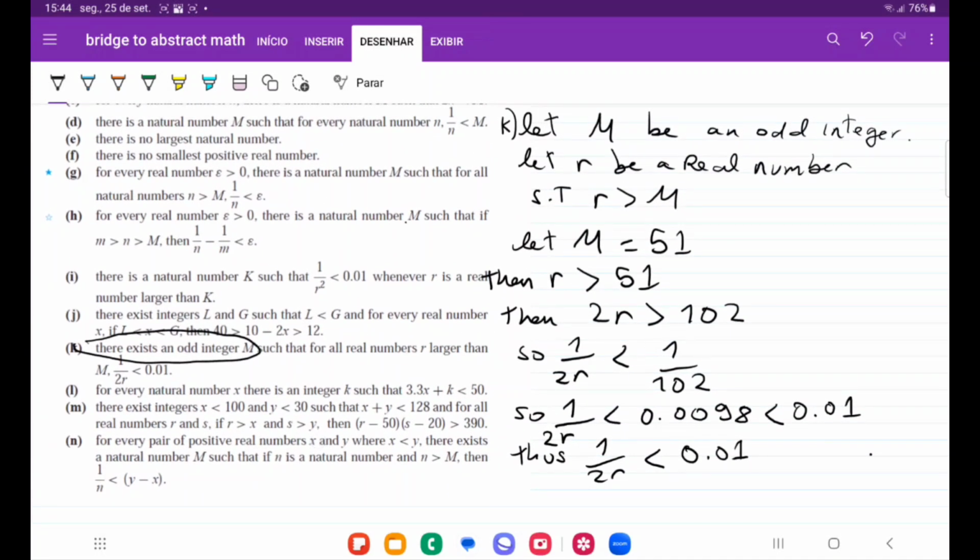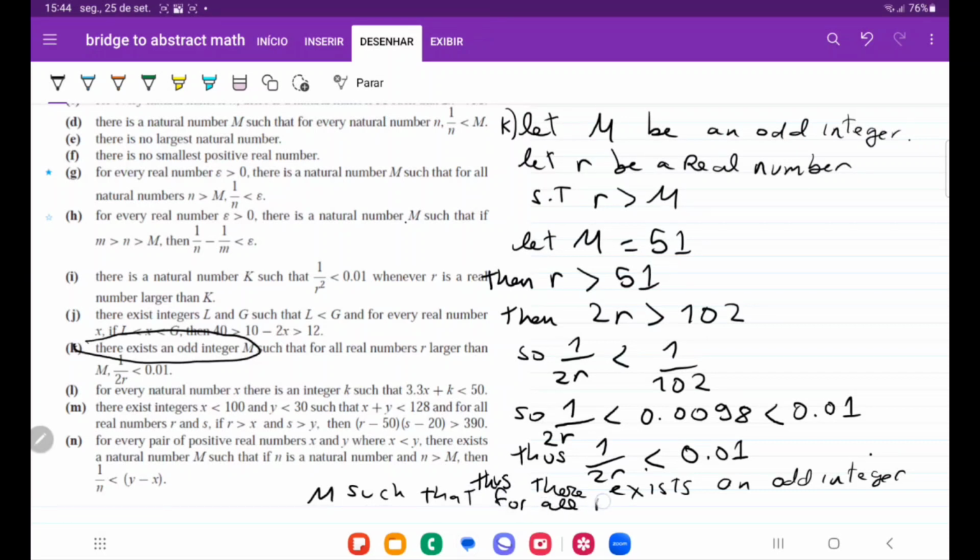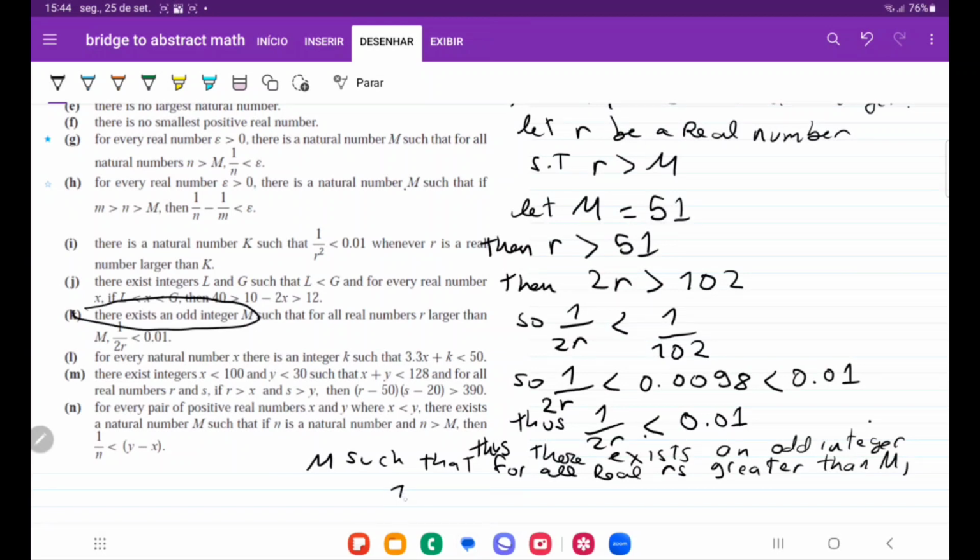So our conclusion is: thus, there exists an odd integer m such that for all real r's greater than m, we have that 1 over 2r is less than 0.01.